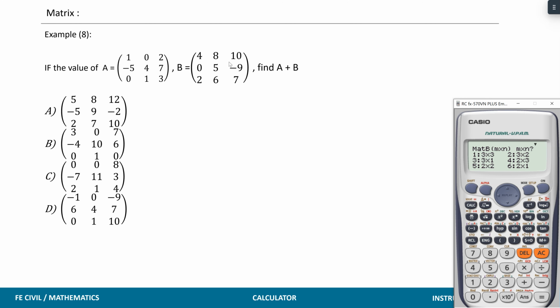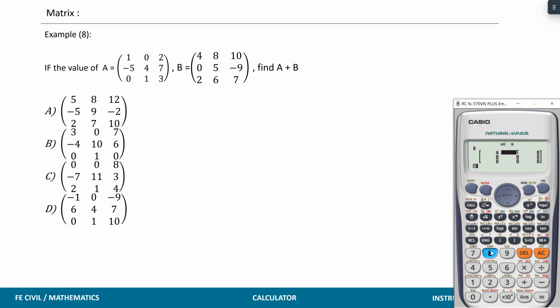It's also 3 by 3. The 3 is the number of rows and 3 is the number of columns, so it's number 1. And we're also gonna fill it in the same way we filled in the matrix A.